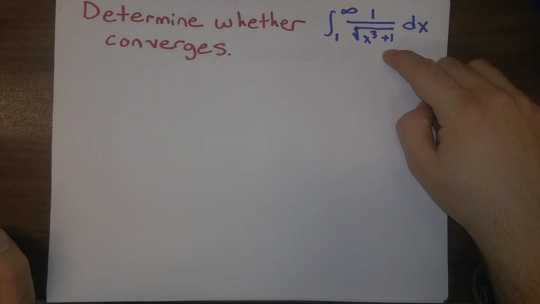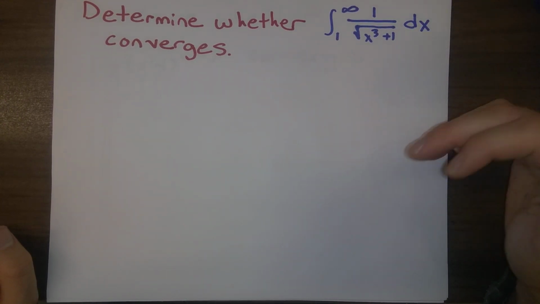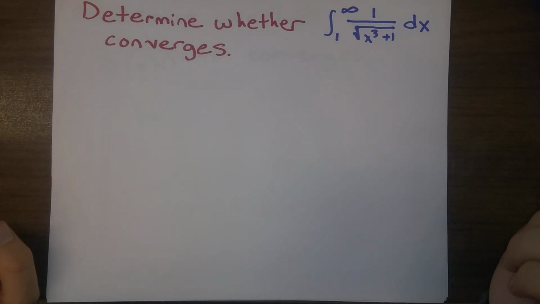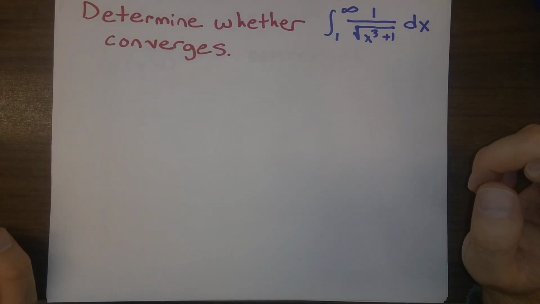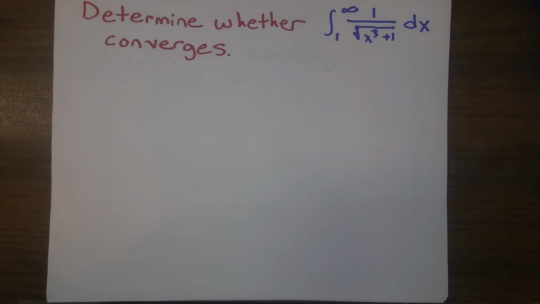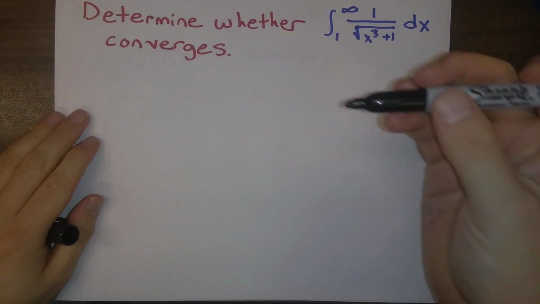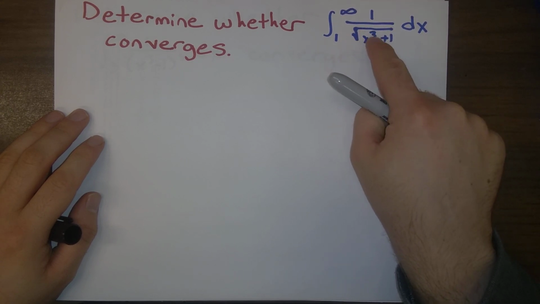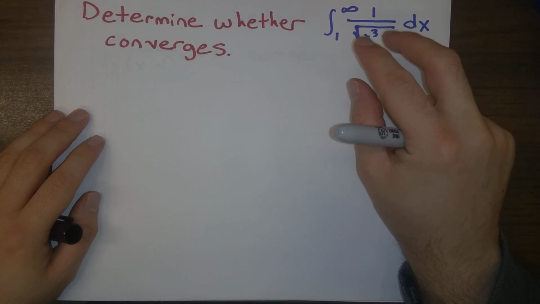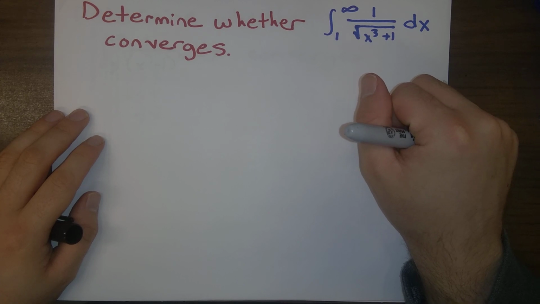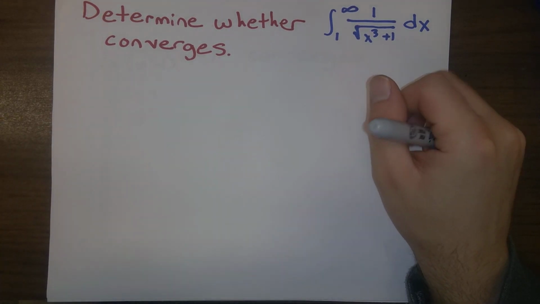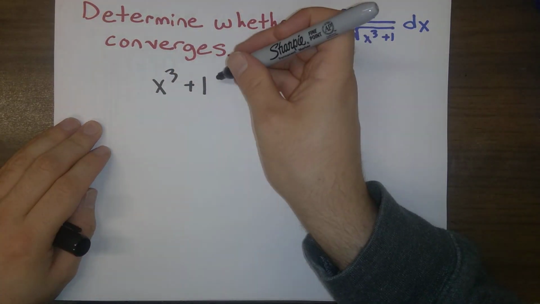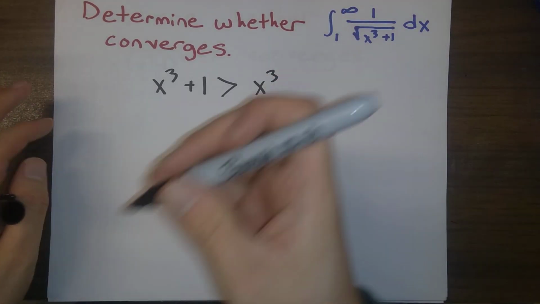We want to compare. Remember, this is called the comparison test. We want to compare this to something that we can determine the convergence of. This looks kind of like the square root of x cubed, which would be x to the 3/2. So realize the following. x cubed plus 1 is bigger than x cubed.